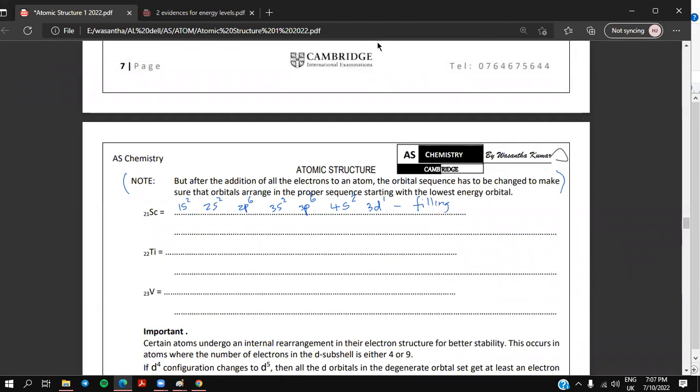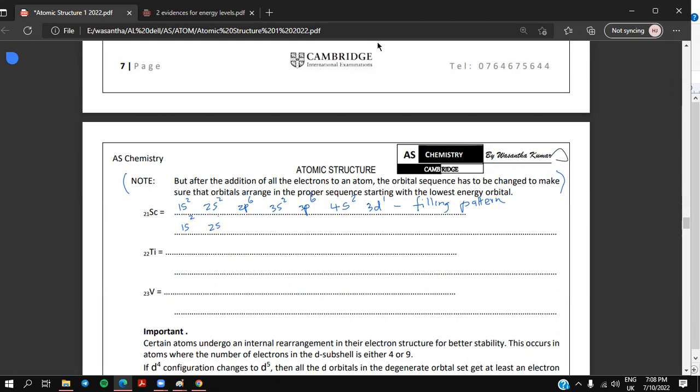But the exam will not accept this as an electronic configuration, because the filling pattern is actually different to the electron configuration. We have to reconstruct the electron configuration using the filling pattern. This is how the electronic configuration is written in the exam.